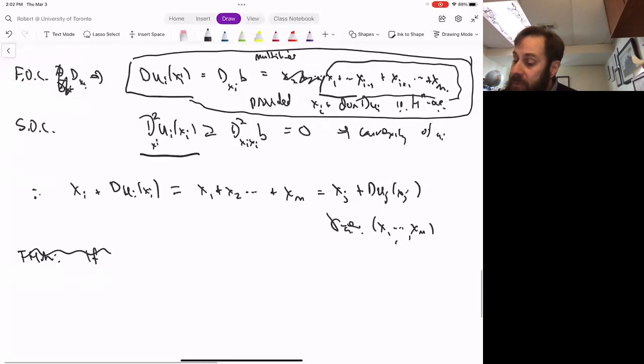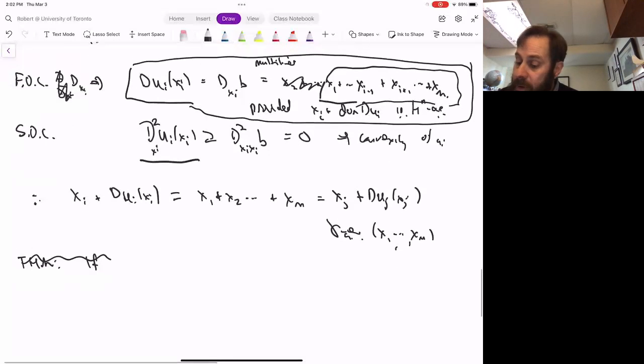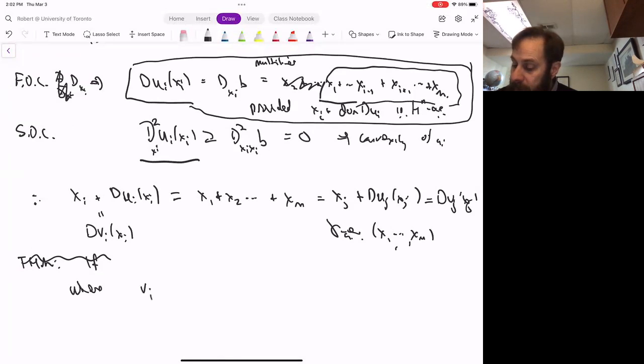And so of course, this is also the gradient of a function vi, and this is the gradient of a function vj, where vi of xi is basically 1/2 xi squared plus ui of xi.